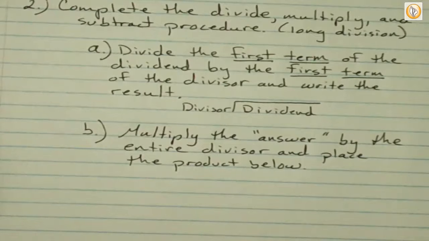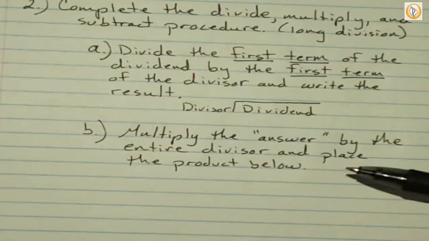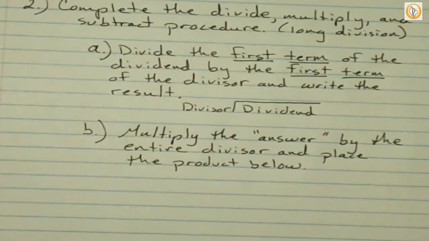So it's your basic long division. You multiply the answer by the entire divisor, but the reason I'm having to go through this is because up here you're dividing just the first term by the first term. There's going to be multiple terms, but you multiply the answer by the entire divisor and place the product below.